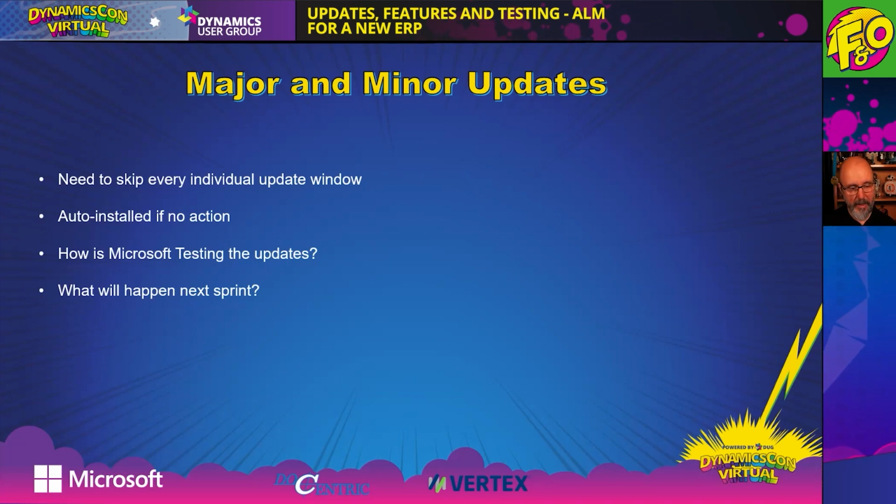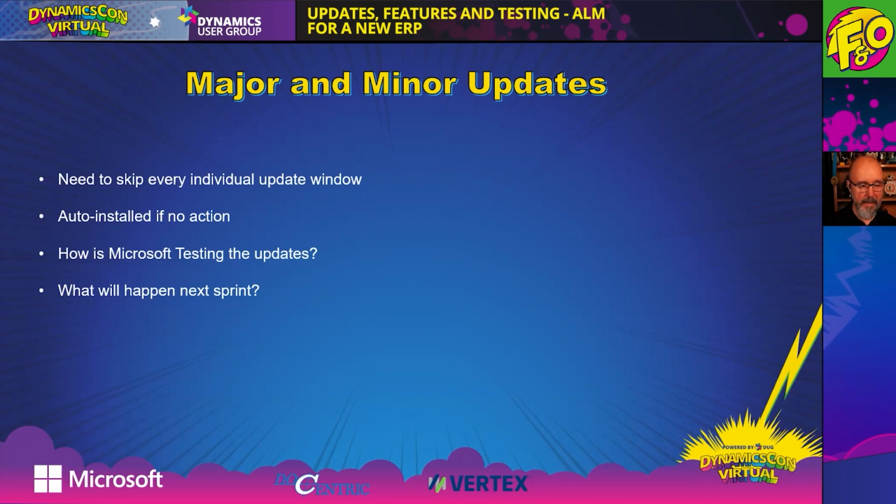You need to go in for every single window and set it to pause, and then you can continue after that. If you're not doing anything, then you end up in the auto update date that I told you about before. That's when Microsoft installs the update, and they don't care if you have tested it or not.